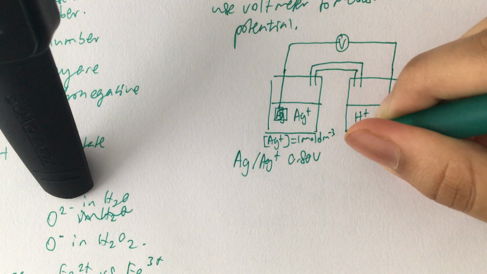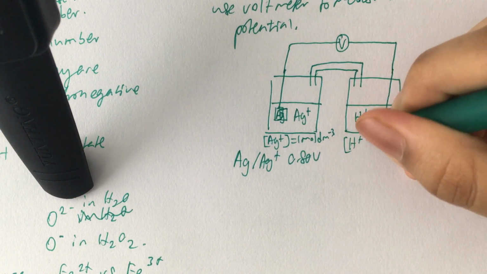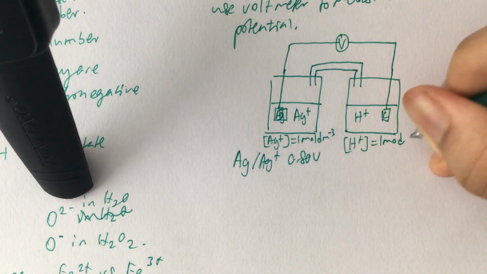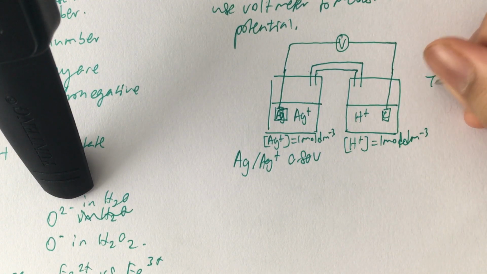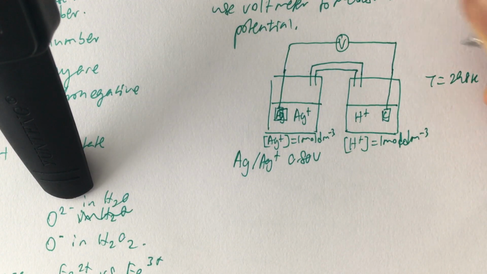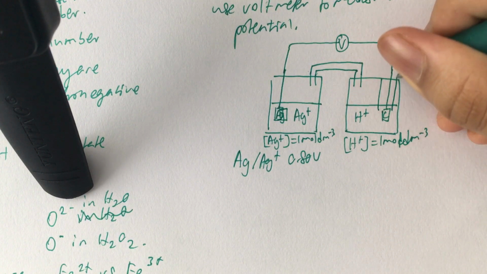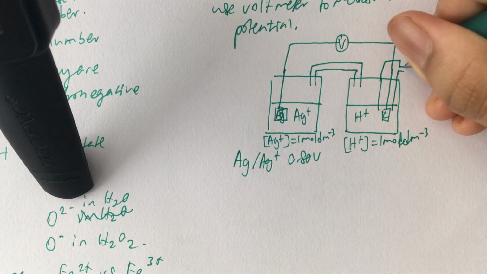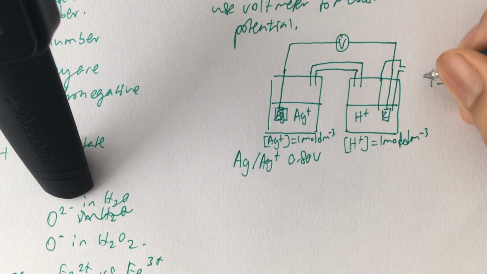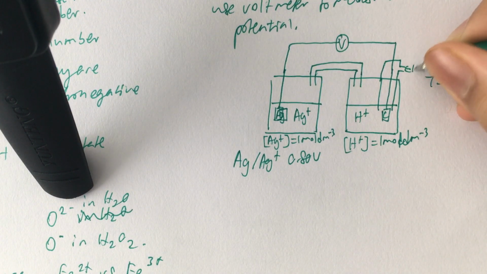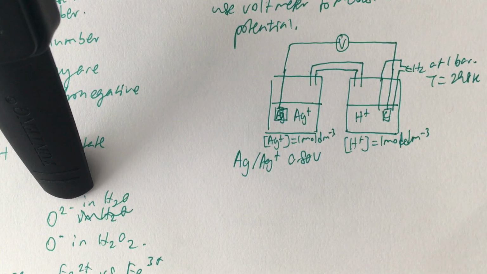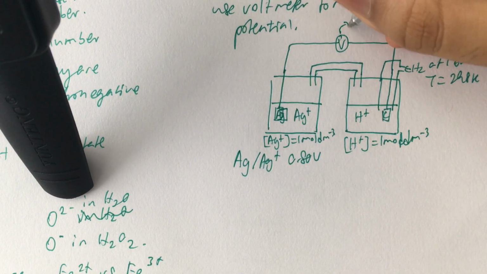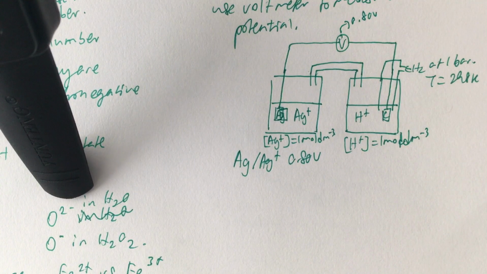The next thing to know is which one is the cathode and the anode. Technically, if you know that this is going to be positive, then since we have reduction happening at the cathode and oxidation happening at the anode in an electrochemical cell, we can figure out which is which and put it accordingly.